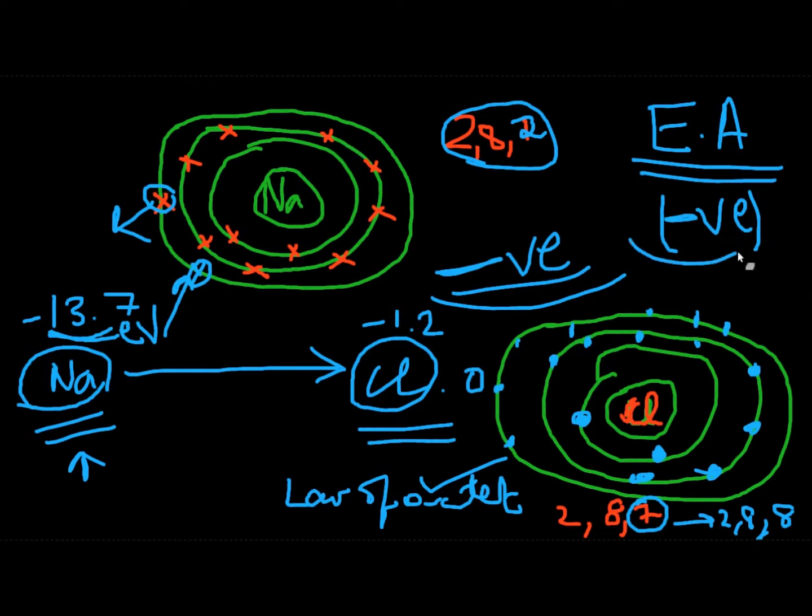If you still have doubts, feel free to contact us. We will give you the address later, but try and understand this in the tutorial itself. I've already explained to you these first two rules, and the third rule being electron affinity of elements having completely filled orbitals or less than half filled orbitals is practically 0.